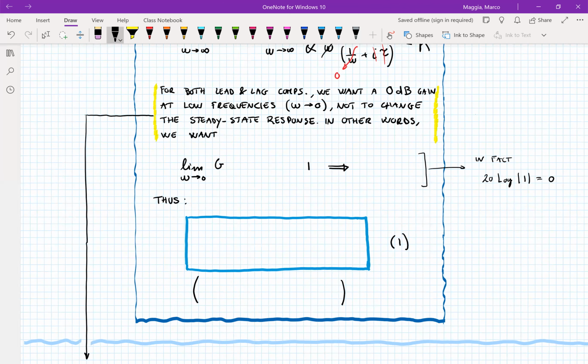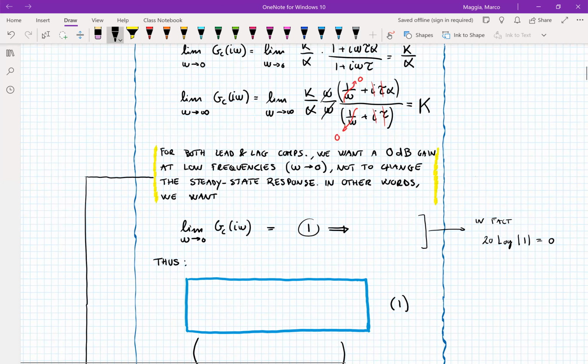If we don't want the transfer function of the compensator to influence what happens at low frequencies, it means that we want the limit for omega that goes to 0 of the transfer function itself to be 1. So we want K over alpha to be equal to 1. That implies that we want to pick K equals alpha.